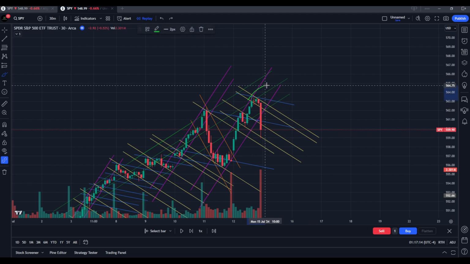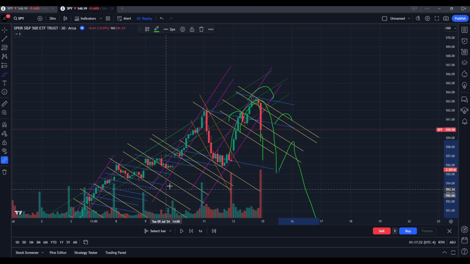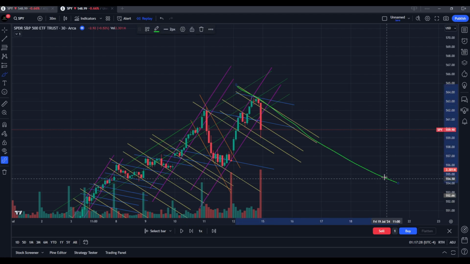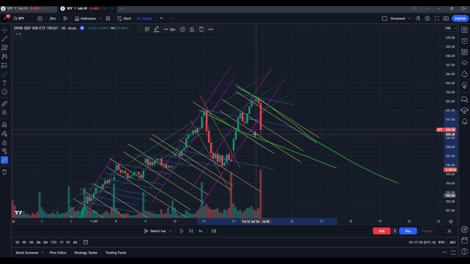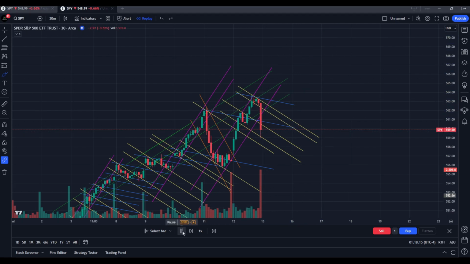Looks like we're trying to form this head and shoulder as well as this inverse cup, right? So if we form this inverse cup, then that can be looking to go down, but this also can still just be controlled selling within this larger yellow right here, and we can do something like this if we would like. Let's play again.